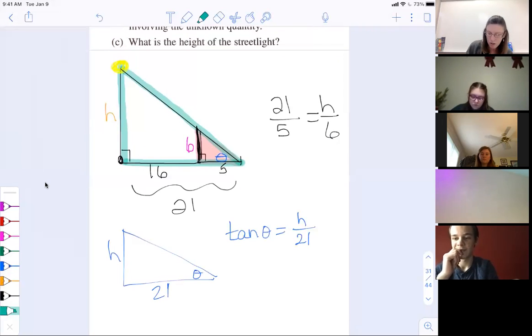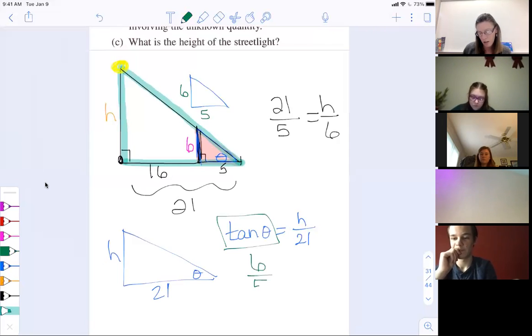If I use the smaller triangle, this little triangle here, I know the tangent of this little triangle is 6/5. So I could say tangent is really 6/5 from the small triangle, and I can set that to h/21 from the big triangle.